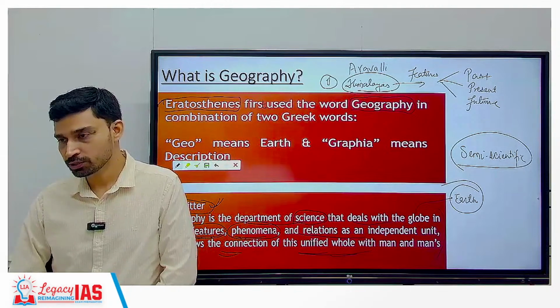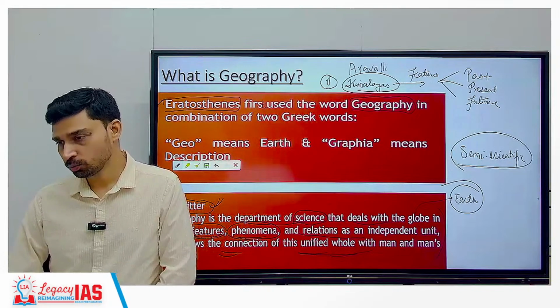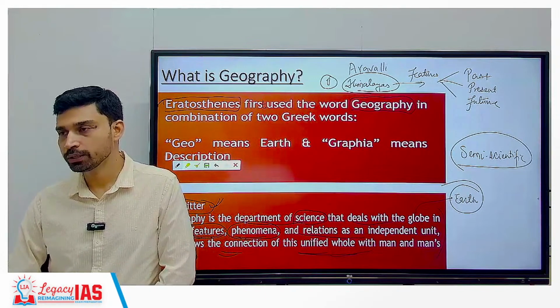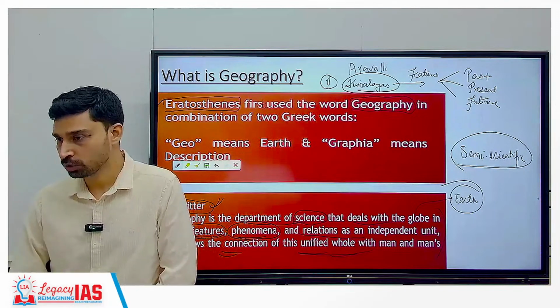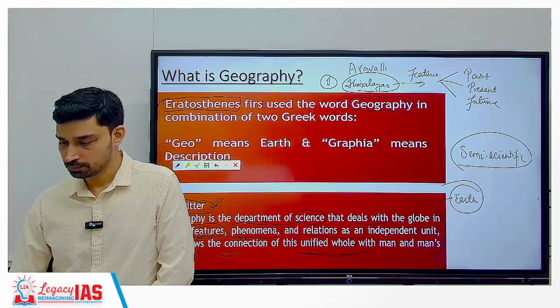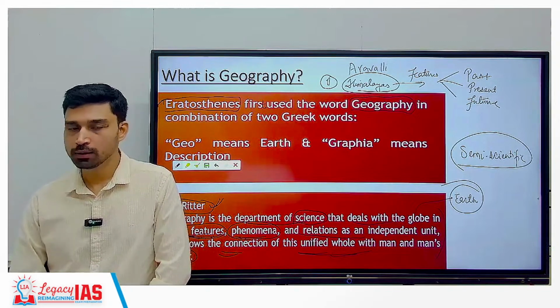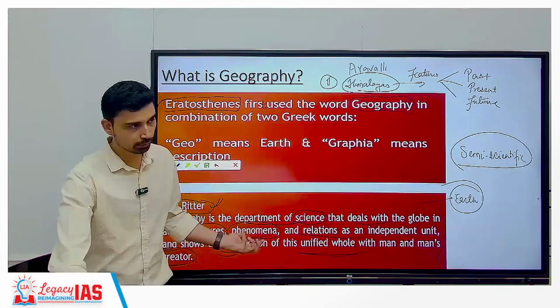Volcanic eruption. What else? Earthquake is there. Earthquake can trigger in the ocean, what? Tsunamis. So volcanism, earthquake, tsunami. All these are examples of what? Geological phenomena, geophysical phenomena, we can say.